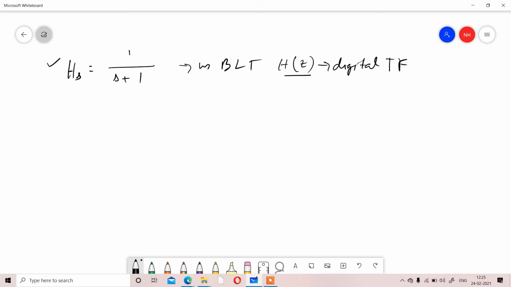So from the analog transfer function, you have to calculate the digital transfer function, and you have to use the BLT. Also write the difference equation for the digital filter.